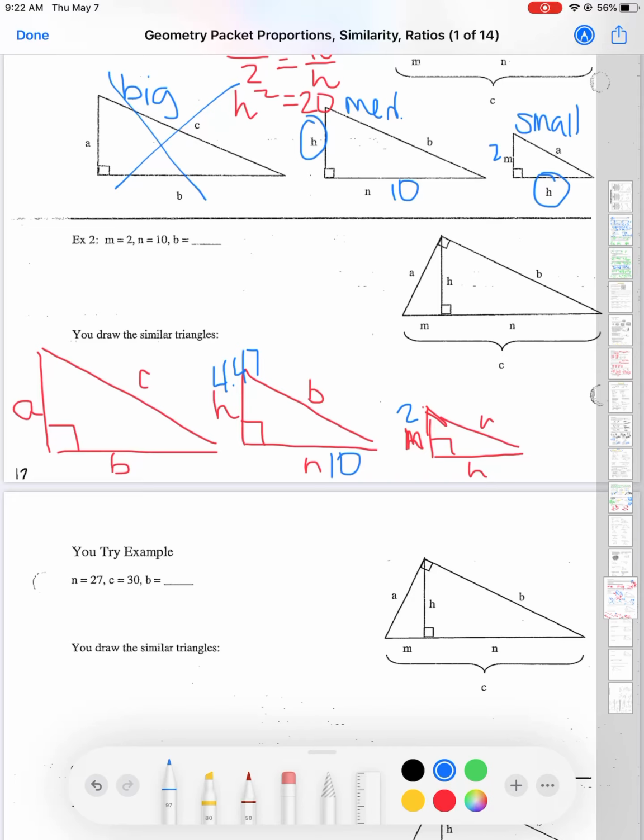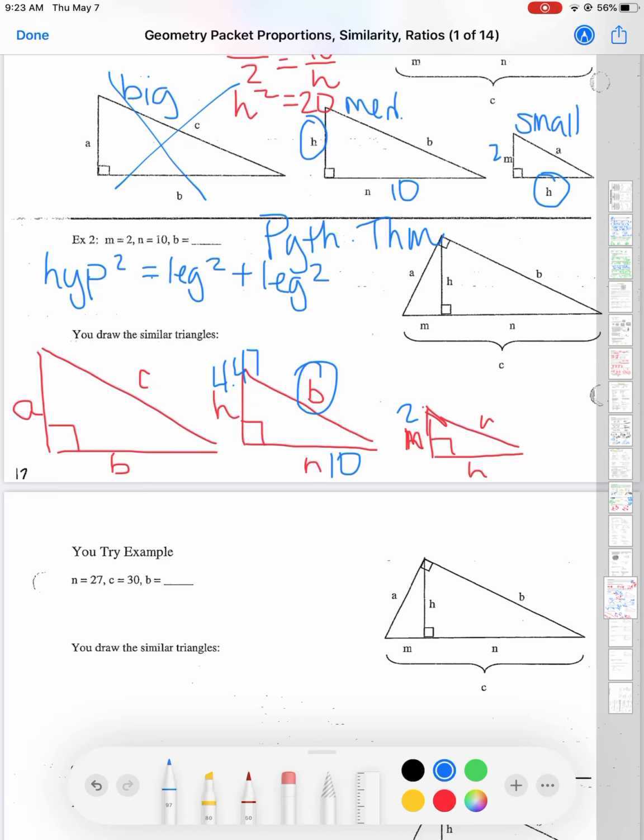We don't really have a proportion we can set up, and we need to find B. But luckily there's this thing called Pythagorean theorem we can use for right triangles. And for that, we can take the hypotenuse squared equals a leg squared plus another leg squared. So here, B is our hypotenuse. We have a leg and we have another leg.